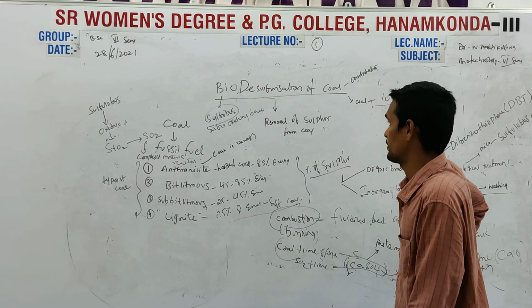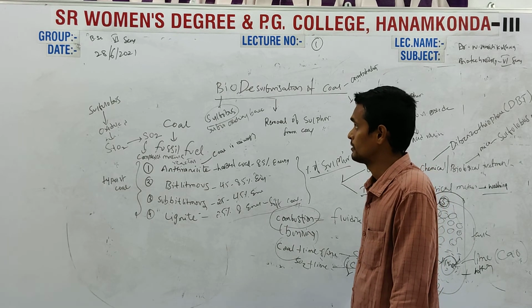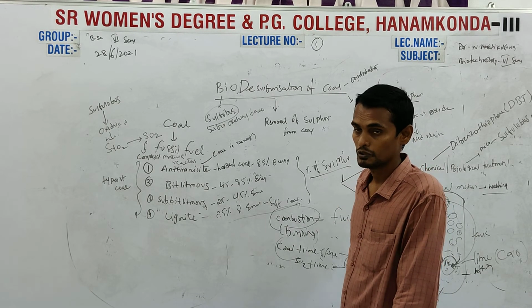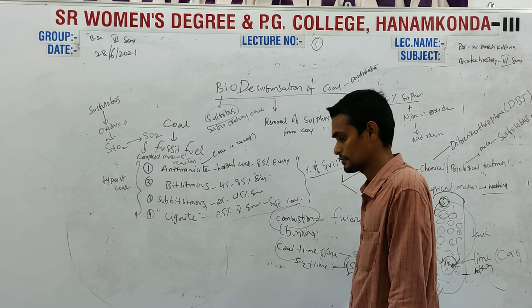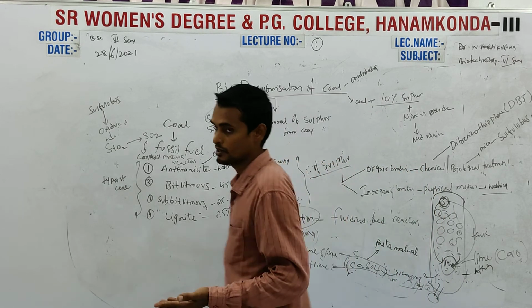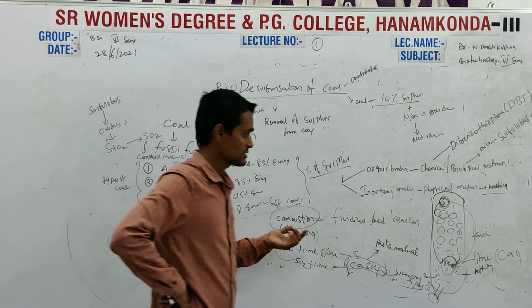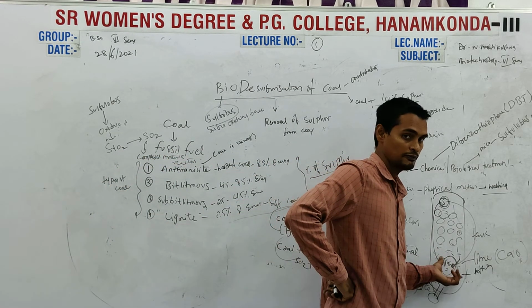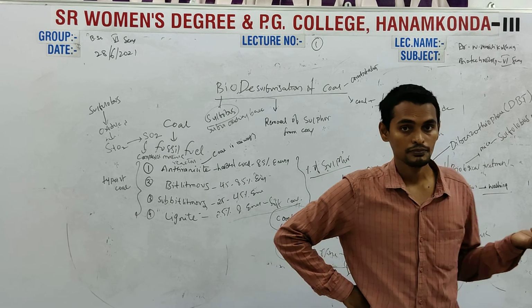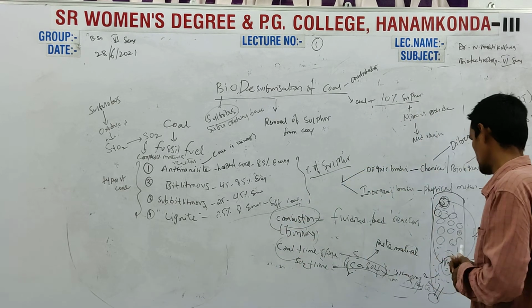Coming to biodesulfurization, we mostly use microorganisms which have the ability to oxidize the sulfur. In fluidized bed reactors, instead of lime, we use a bacterial culture.